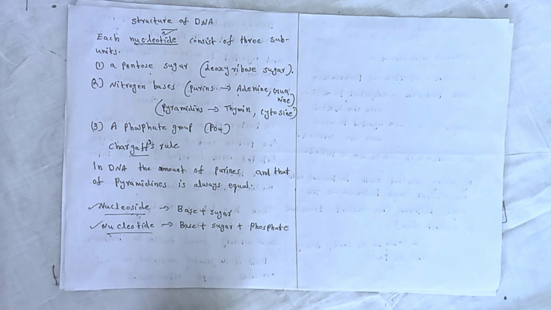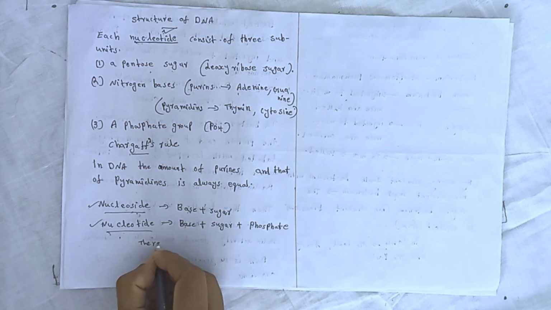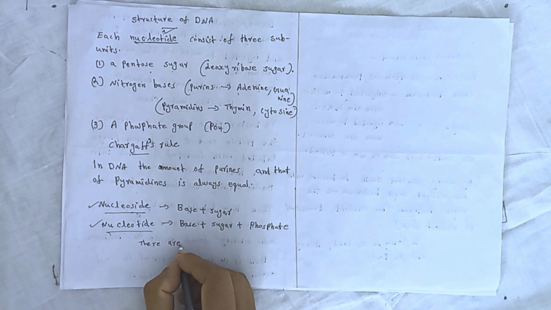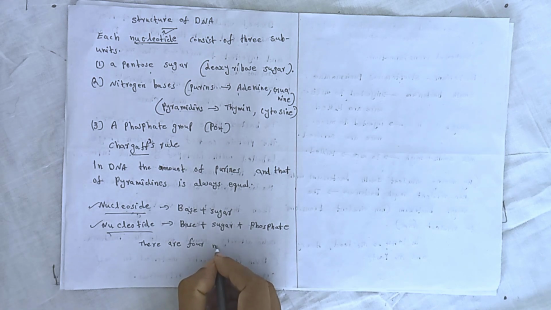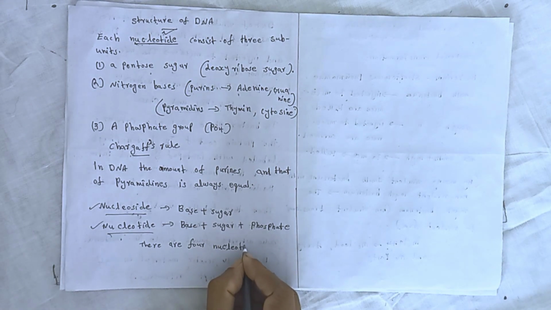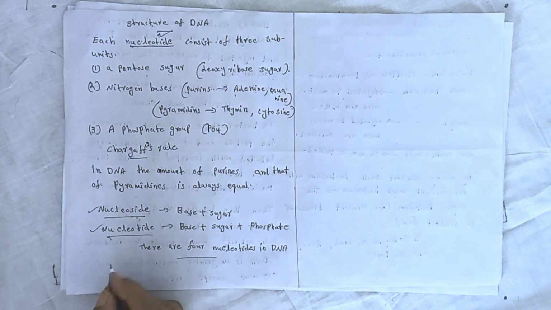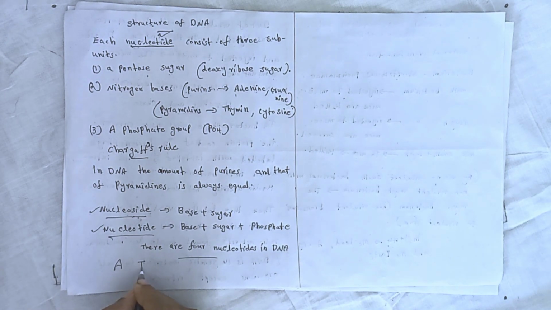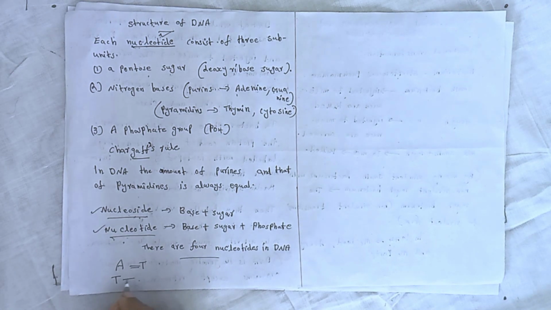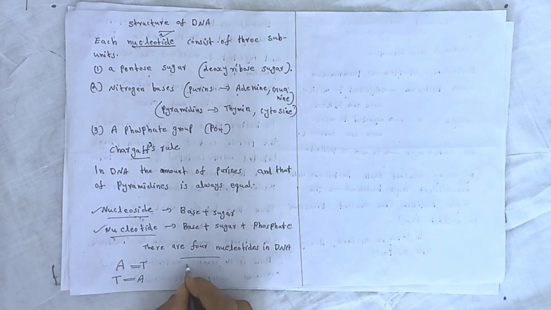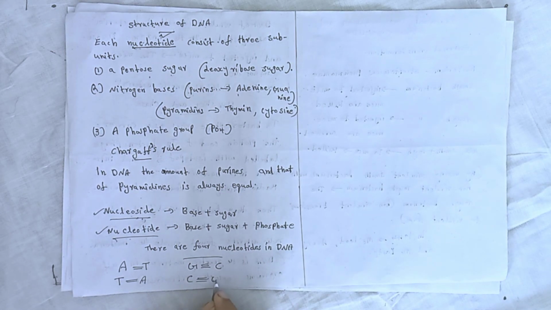So there are 4 different types of nucleotides in DNA: adenine, thymine, then thymine, adenine, next guanine, cytosine and cytosine, guanine.